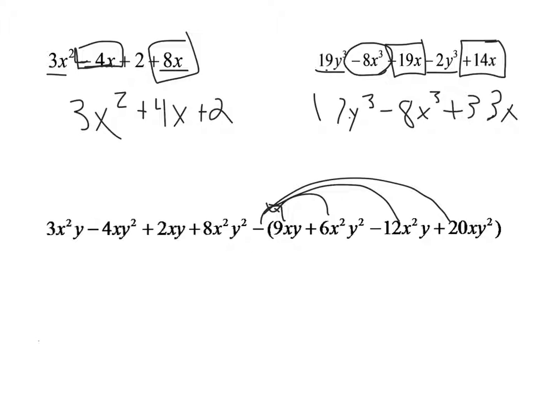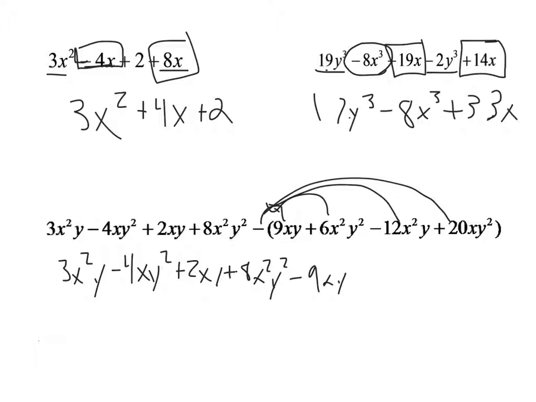So I would have 3x squared y minus 4xy squared plus 2xy plus 8x squared y squared minus 9xy minus 6x squared y squared plus 12x squared y minus 20xy squared.